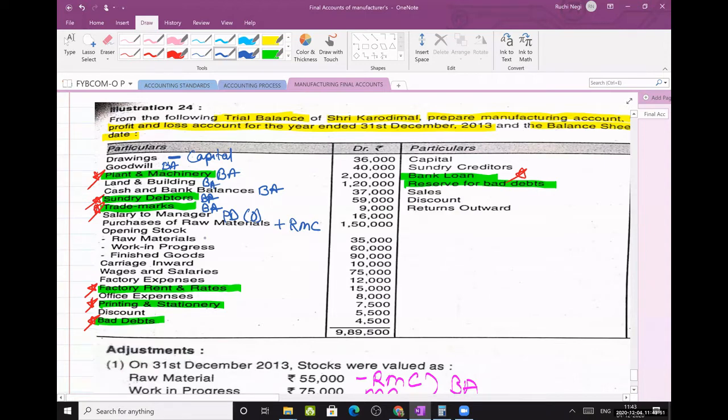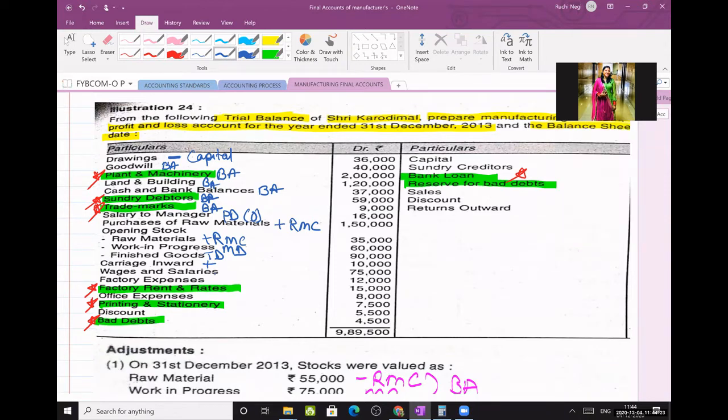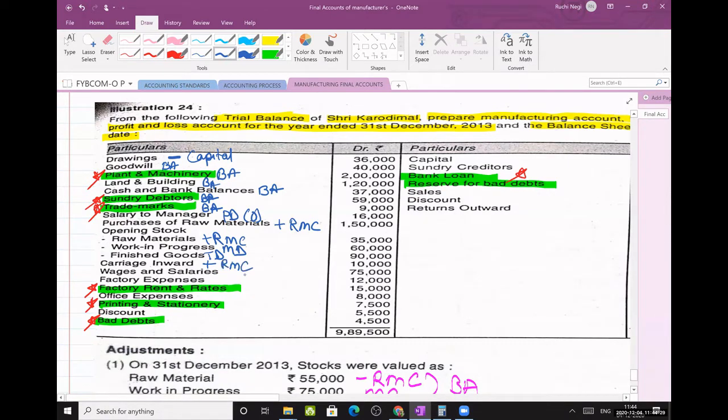Opening stock of raw material, add to RMC, raw material consumed formula. Opening stock of WIP, manufacturing debit. Finished goods opening stock, trading debit. Carriage inward will be added to RMC, added to raw material consumed formula.